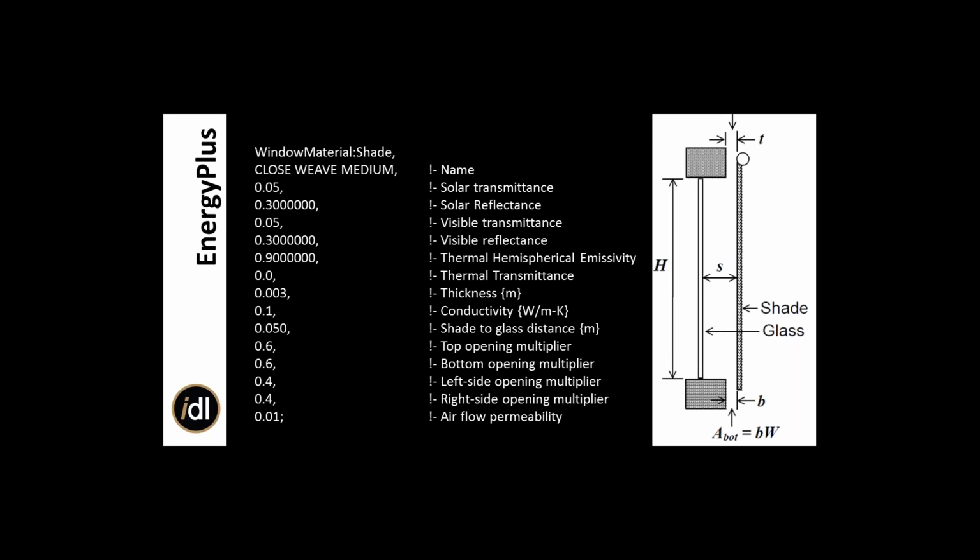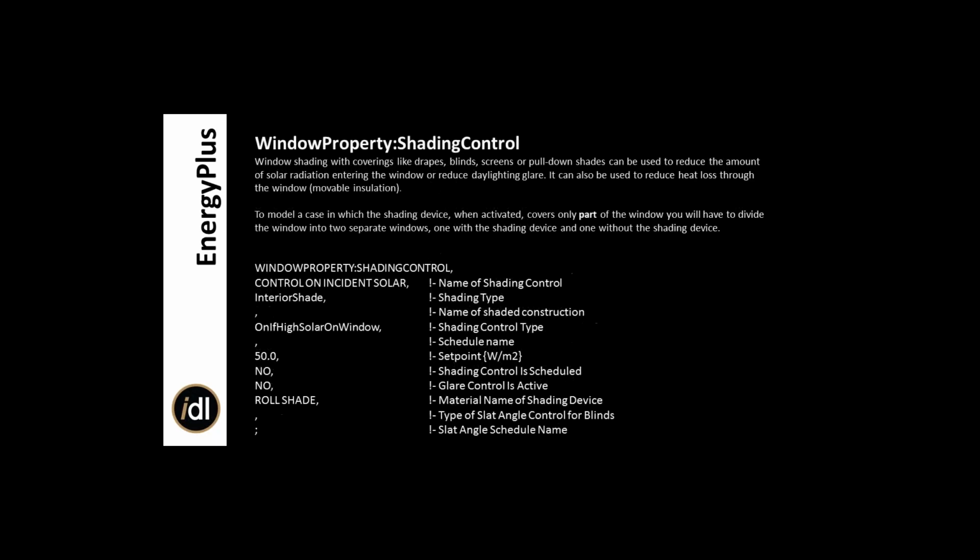To calculate the multipliers, you have to find the ratio of the S, which is the gap between the blind, the shade, and the window, the glass, the ratio of the distance between shade and glass to the gap between shade and wall, right? Okay.